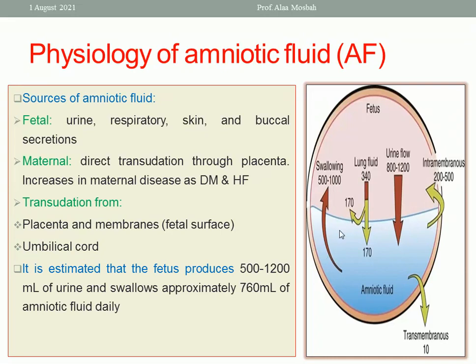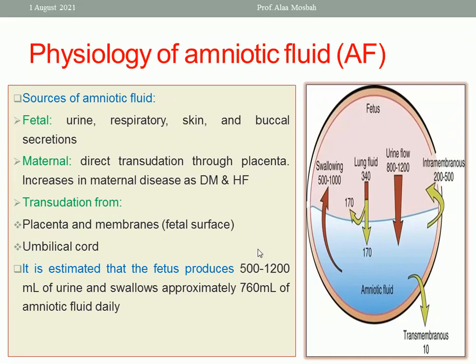So any problem regarding either secretion or swallowing, in cases of congenital anomaly of the fetus, may cause polyhydramnios or oligohydramnios. When there is a congenital anomaly and the baby cannot secrete urine because there is renal agenesis or urethral obstruction, there will be oligohydramnios.